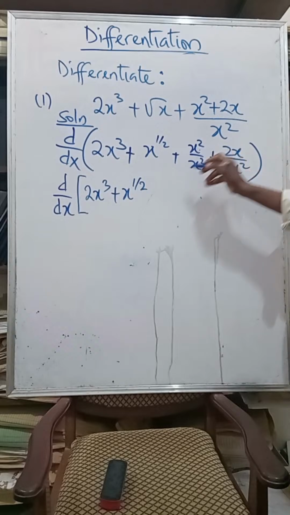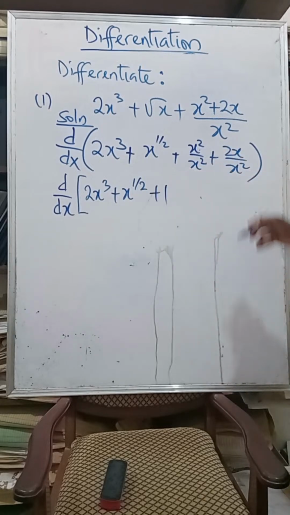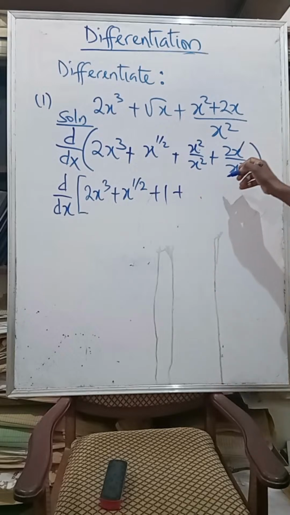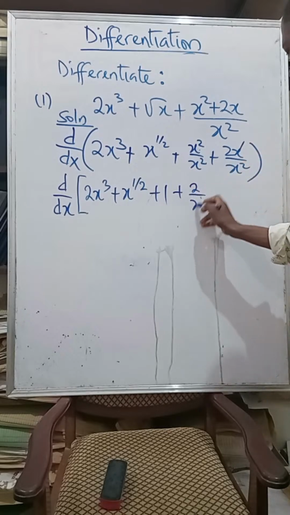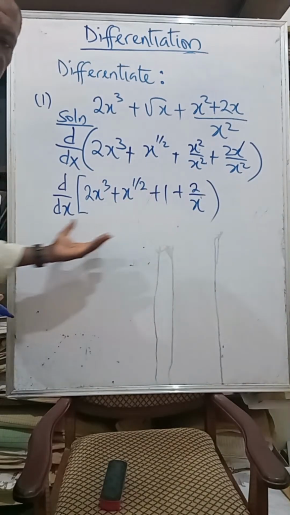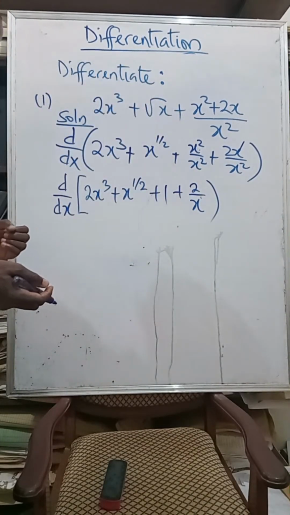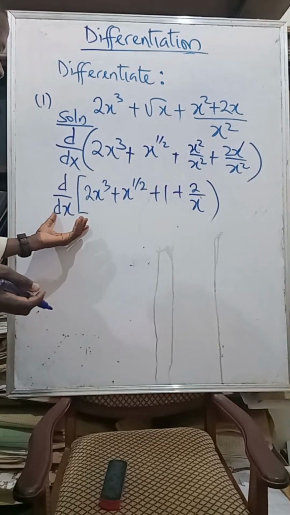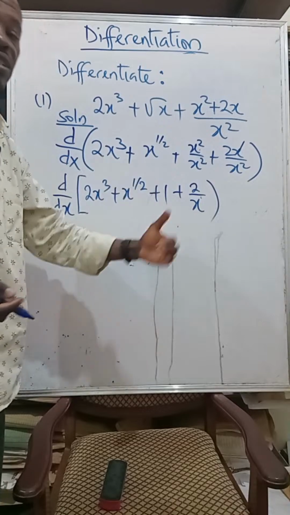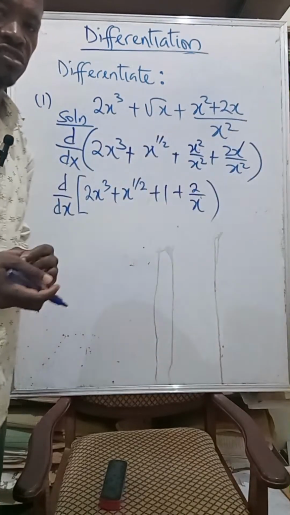This one will be 1. That's a plus 1. And then this one, we cancel, that will be 2 over x. So after the algebra, then you can now differentiate. When you have derivative of a sum or difference of functions, it will give you the derivative of each of those functions.